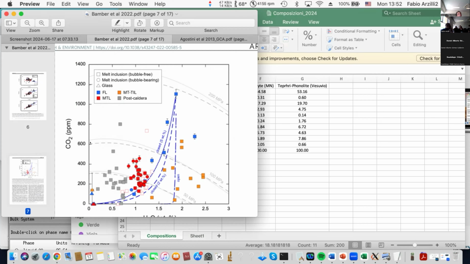So basically, this eruption of Masaya fragmentation must have happened around 50 megapascals. What we saw is that the Masaya Triple Layer was stored more or less between 70 and 50 megapascals. The storage was quite a bit shallower than the Fontana Lapilli. For Fontana Lapilli, instead, we see a quite nice trend of decompression.